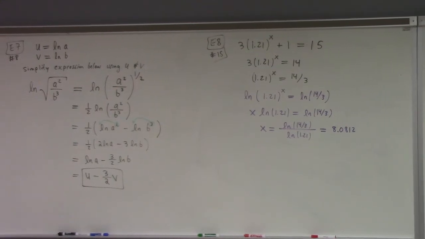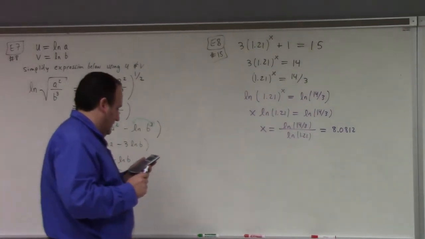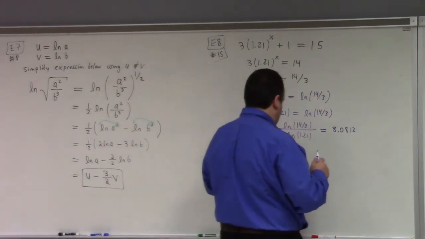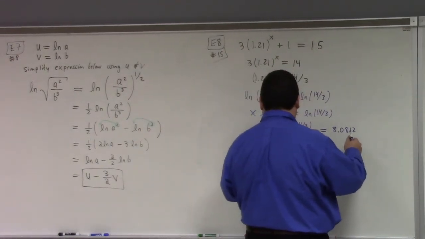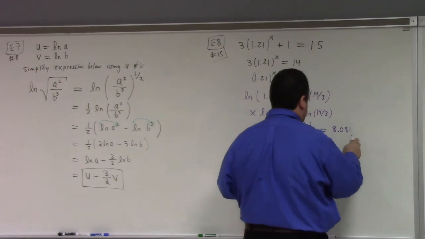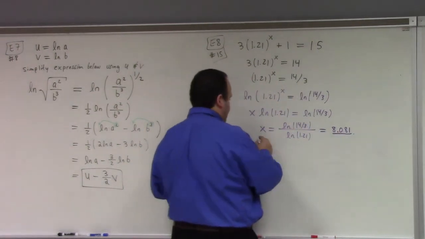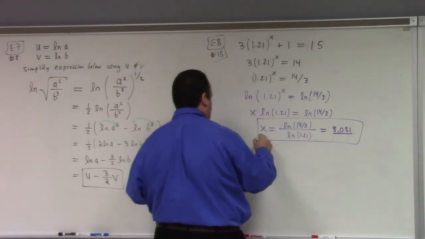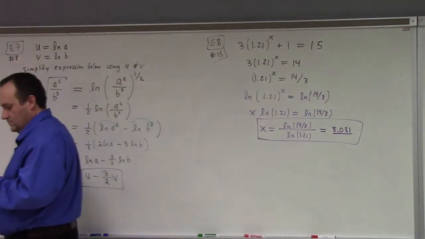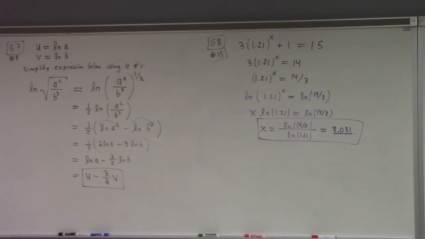Nearest thousandth as needed. So I don't need the 2. That would be the 10,000th place. So the answer would be this for the homework. So there you go. It's number 15.